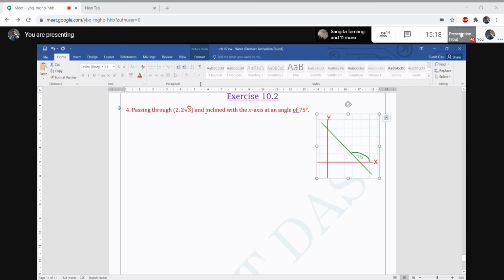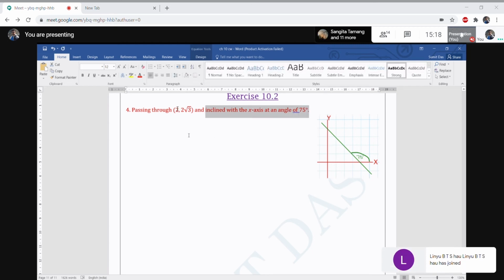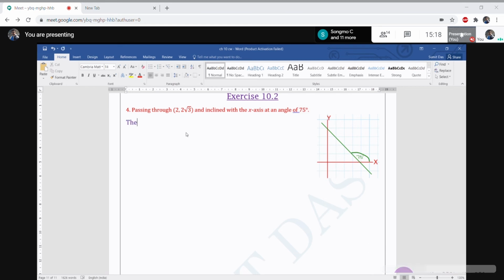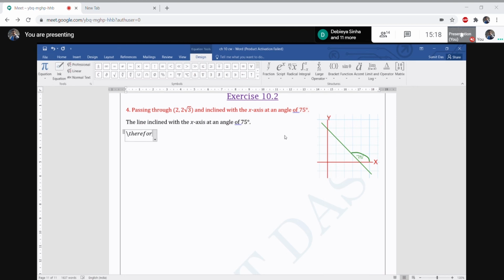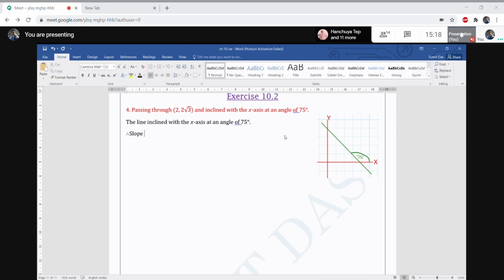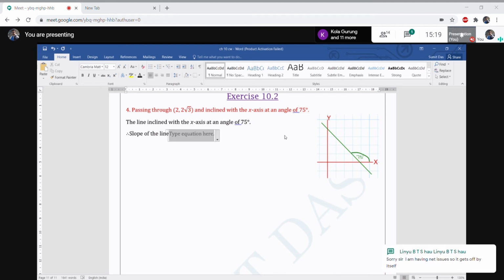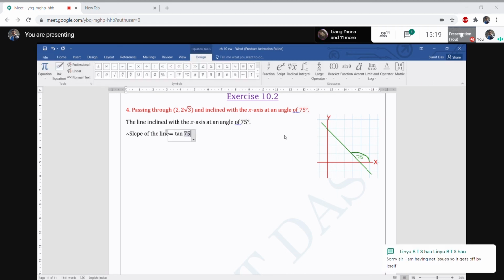So we'll write: the line is inclined with the x-axis at an angle of 75 degrees. Therefore the slope of the line is equal to tan 75 degrees.